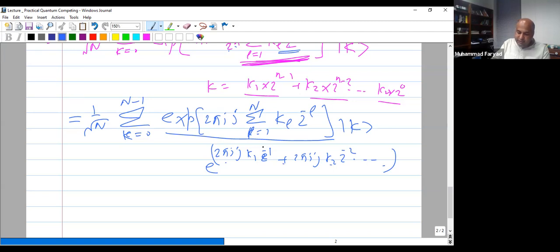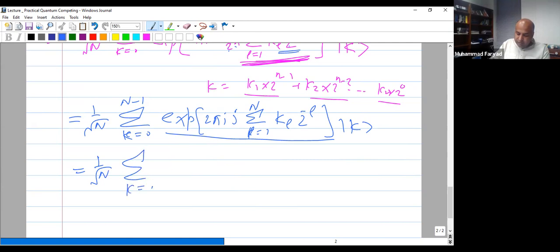So it means that I can write this sum as a product function, because in a product the powers add, so we can write it. So there is this sum over k from 0 to N minus 1 on the outside, but over here it's now a product from l equals 1 to n of exponential 2 pi iota j kl 2 power minus l.